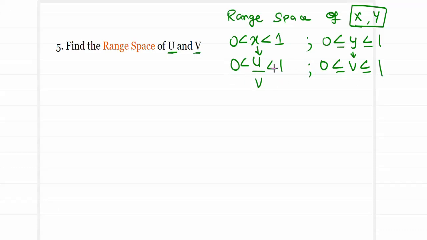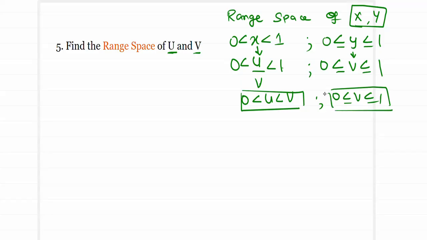Now I can easily fix my range spaces of u and v. From over here, cross multiply this v to the opposite side. So v into 0 is 0, less than u less than v into 1, which is v. So I have u varying between 0 less than u less than v, and 0 less than v less than or equal to 1. So this is my range space of u and v.